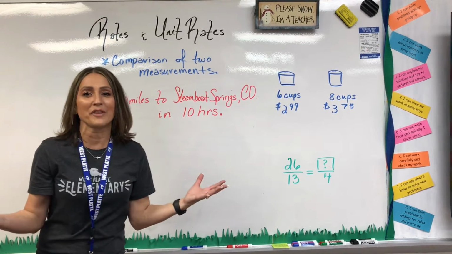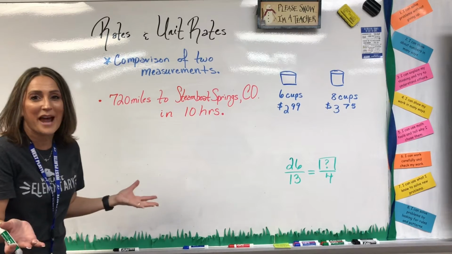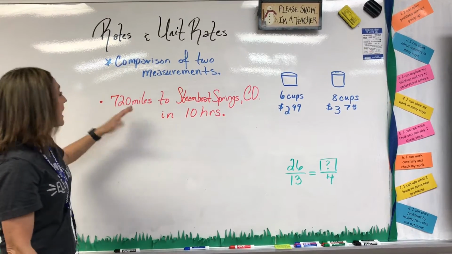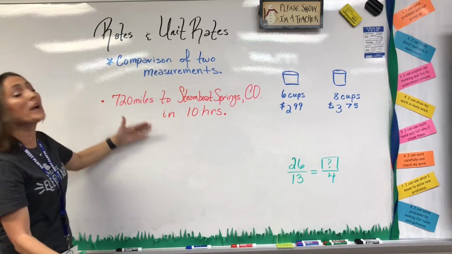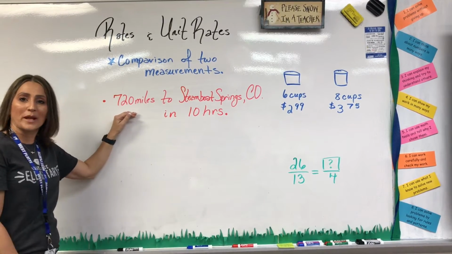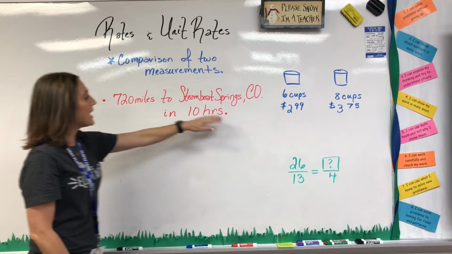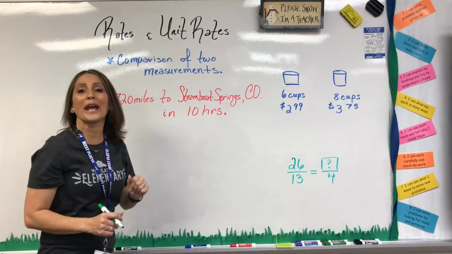So one that I love the most is a simple one that I use with the kids because I go to Colorado to visit my son a lot. He doesn't live in Steamboat, but he does live in Colorado. So if I wanted to go to Steamboat Springs, Colorado, it's about 720 miles to get to Steamboat Springs, and it takes me about 10 hours to get there. This is called a rate.